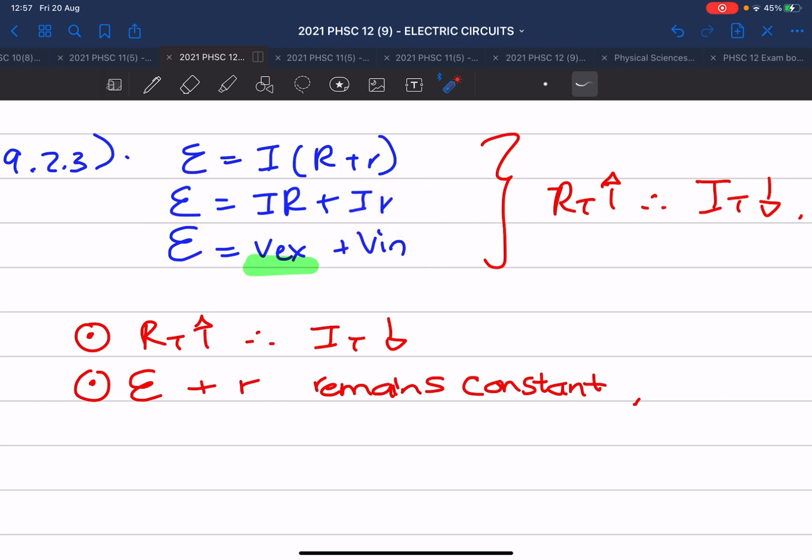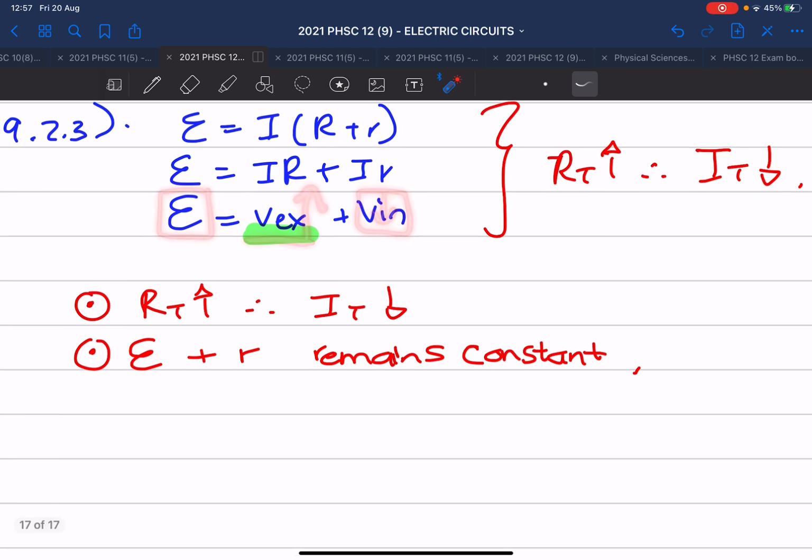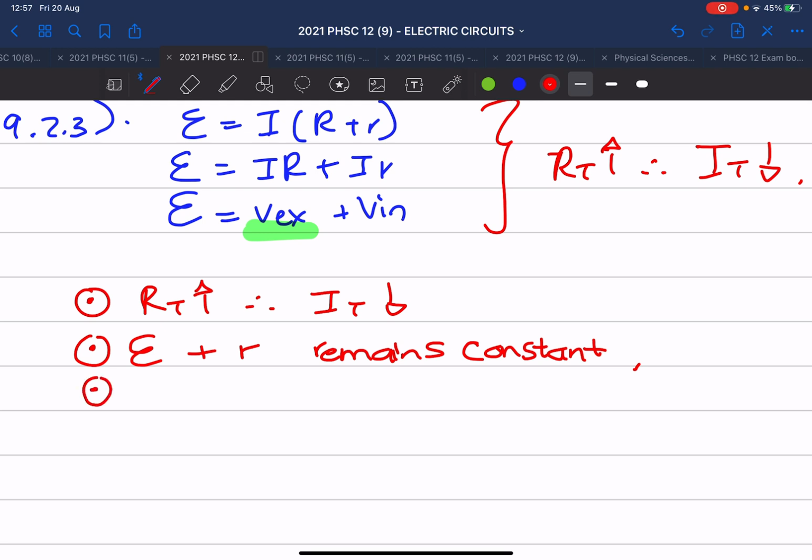So this is constant, this one decreased. What will happen to volts external? It will increase. We have to mention that volts internal decreases. You get a mark for that. That means the volts external, or the voltmeter reading, increases.